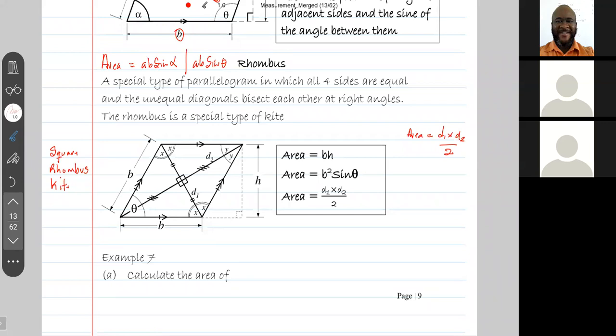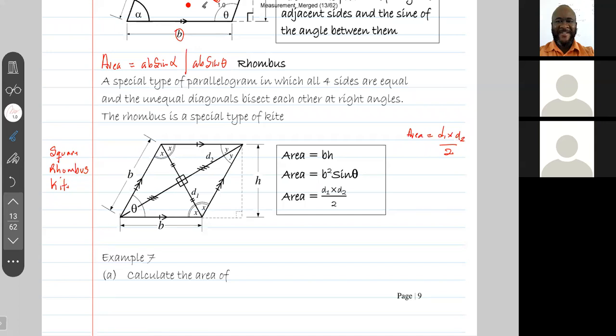With the rhombus, the two diagonals are not equal. But in both the square and the rhombus, the diagonals bisect each other at right angles. And this bisecting each other at right angles makes both the square and the rhombus a special type of kite.